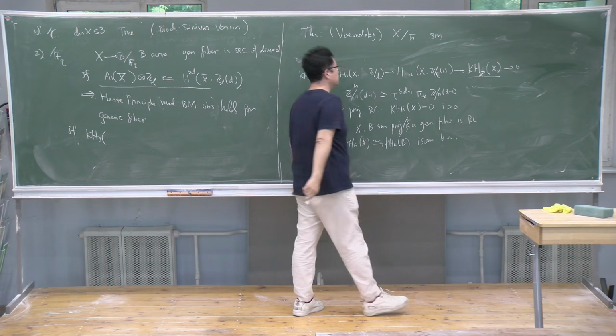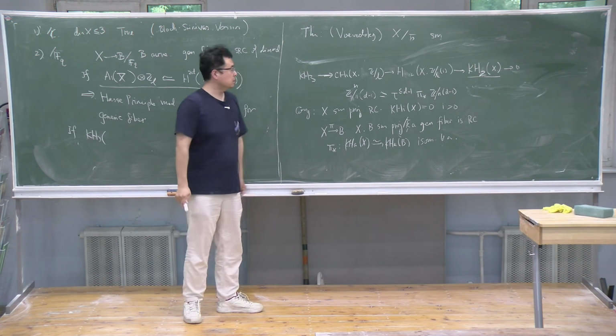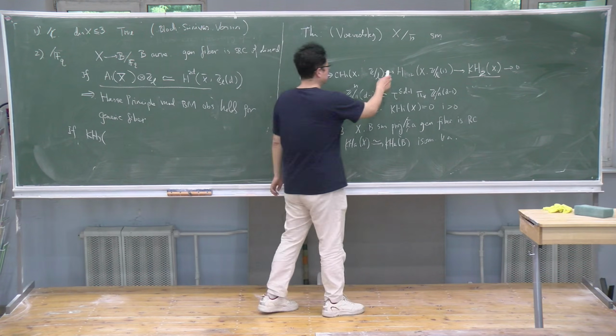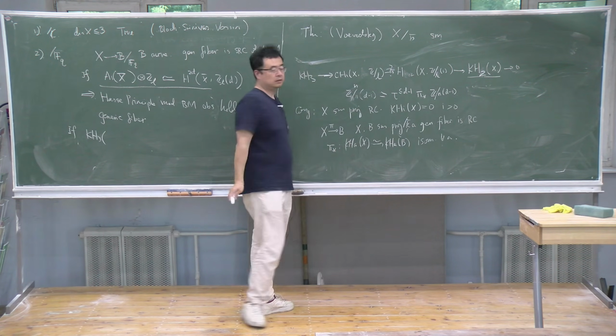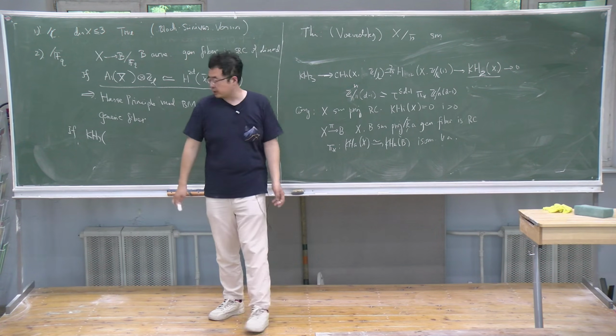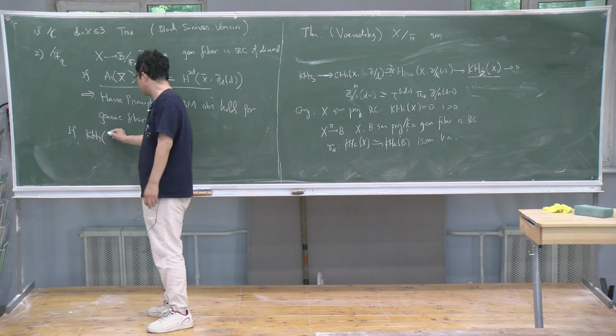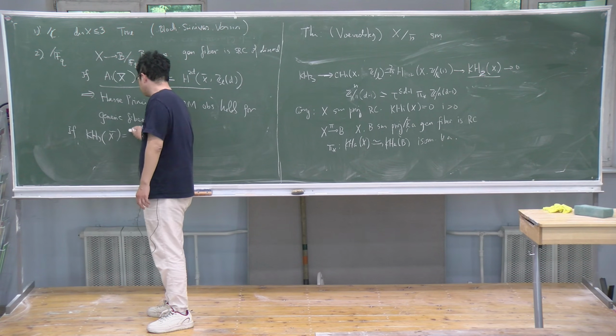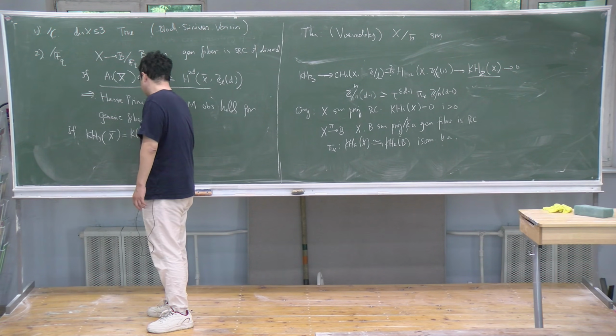You just need to know if this is an isomorphism or not. Now you see that if KH2 and KH3 are 0, KH3 of X bar, KH2 of X bar.